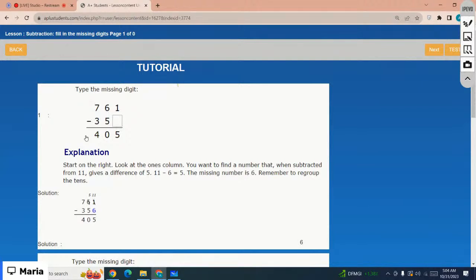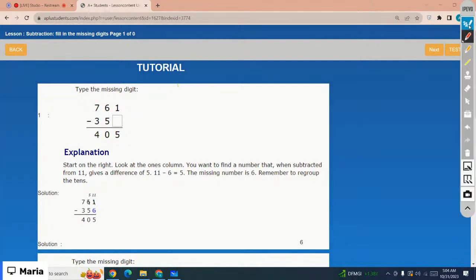No, not 4, it is 6 because you have 5 here. You cannot subtract, so you need to borrow 1. That would be 11 minus 6 is 5. Here you have 5. 5 minus 5 is 0 and 7 minus 3 is 4. So the missing number is 6. Got it?